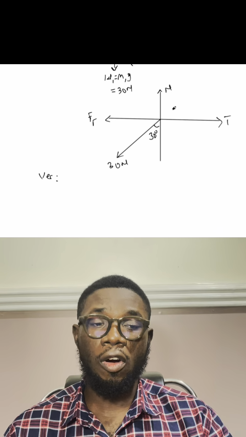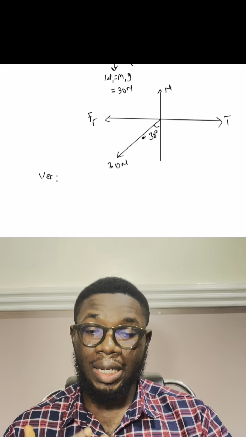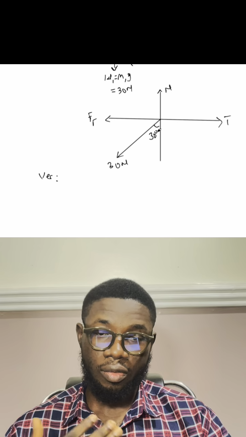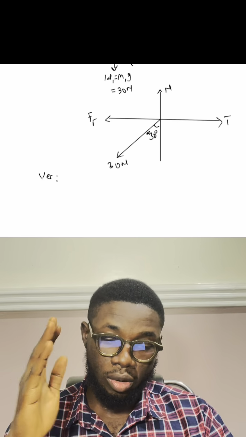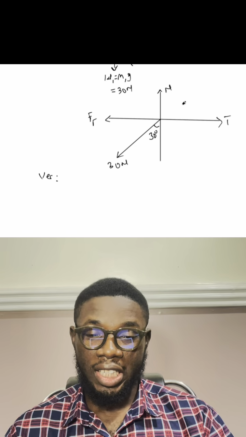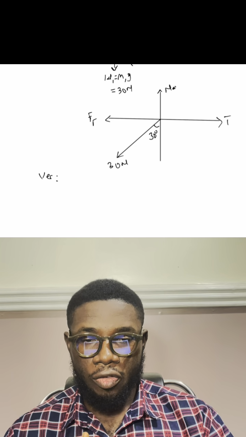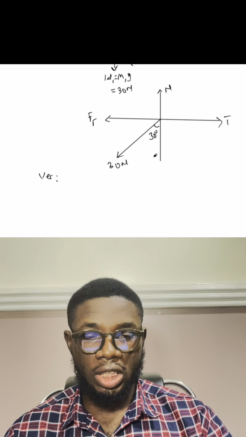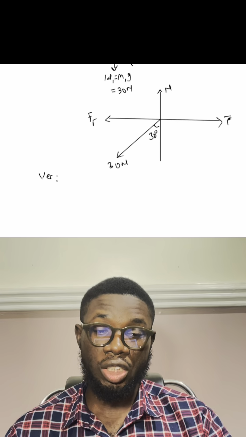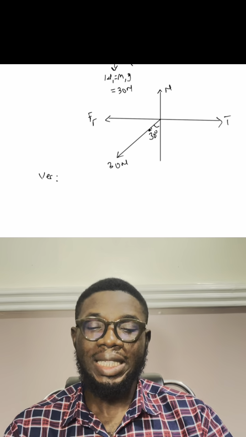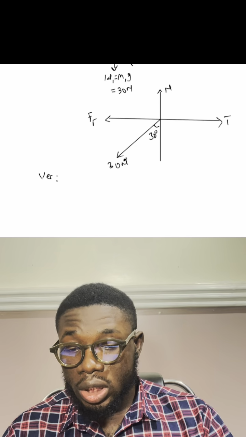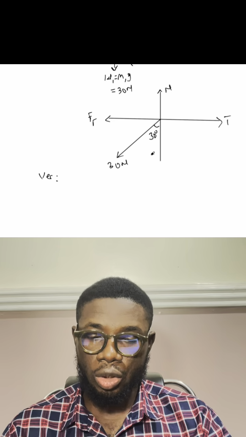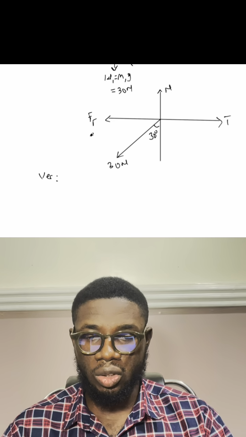Among these four forces, which of them have a vertical component? Normal force, of course, is vertical. 30 newtons is vertical, but if you look at frictional force and the force of tension, both of them are directly horizontal. This 30 newtons has a vertical component and it also has a horizontal component. So that implies that I'm going to be taking two of them into consideration.